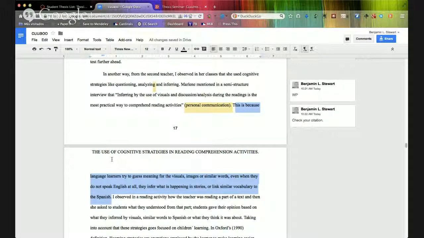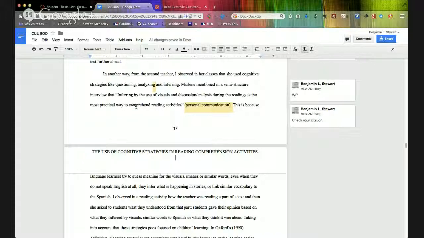So a teacher, this is a teacher, right, Marlene? All right, so Marlene says, inferring by the use of visuals and discussion analysis during the readings is the most practical way to comprehend reading activities. Okay, so that's what she says. And then you say this is because language learners try to guess meaning for the visuals.